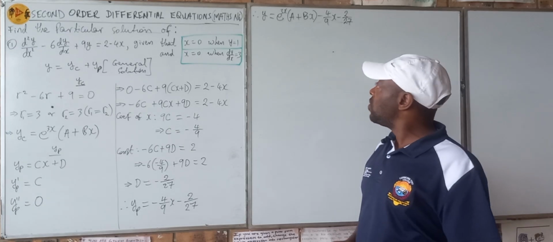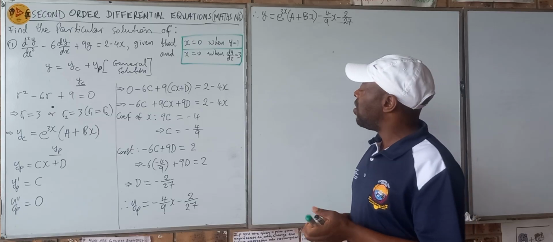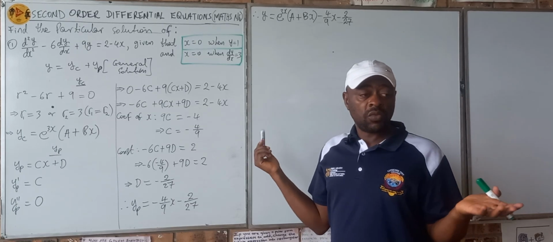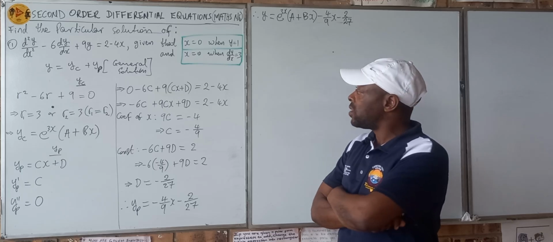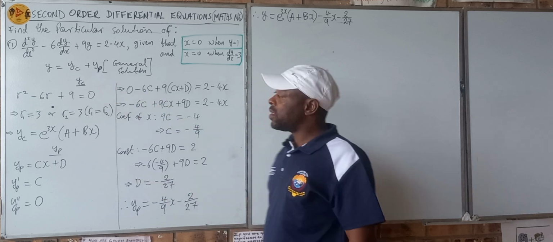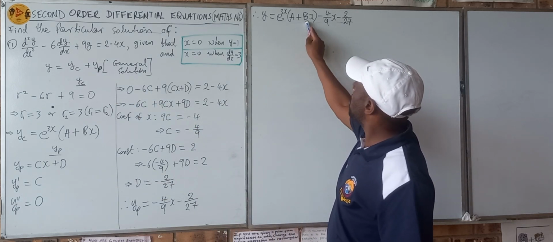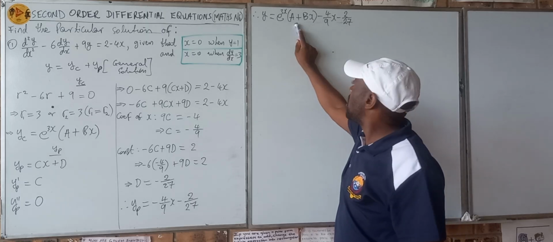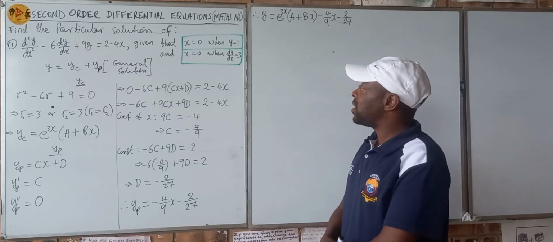So if this question was saying solve for the general solution, we are obviously going to end it because we have already arrived at the general solution, as long as you can get your yc and your yp. So what is left now is for us to calculate the values of a and b. Once you can calculate these two, you substitute them there, then you get your particular solution.